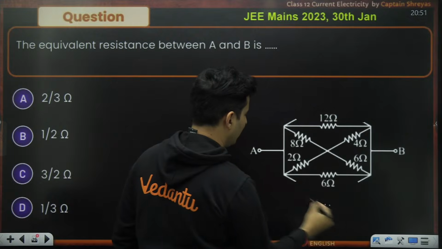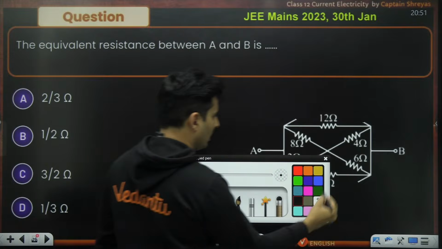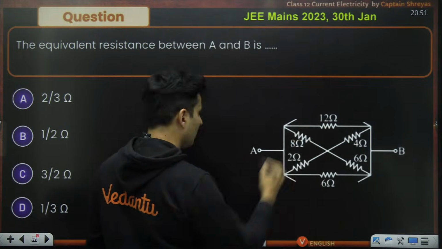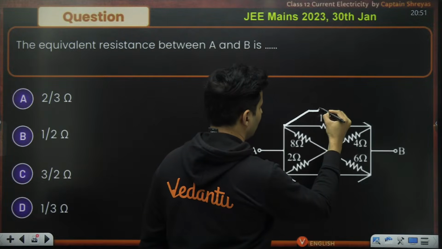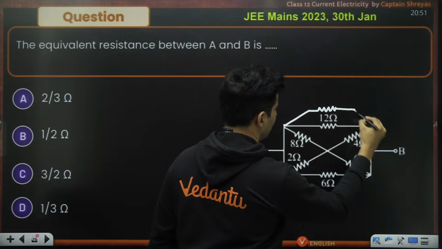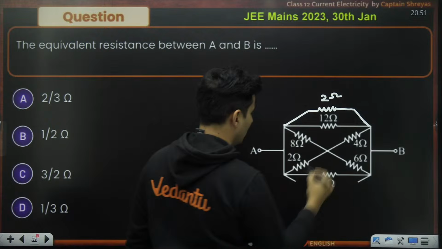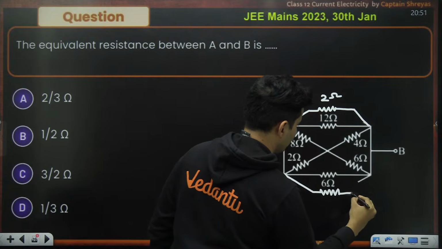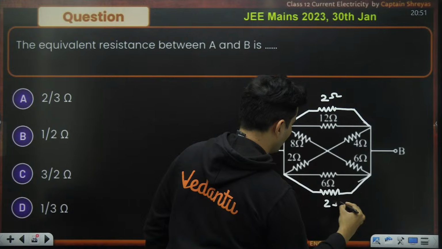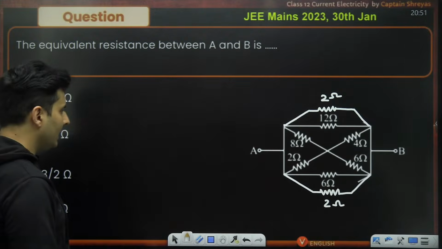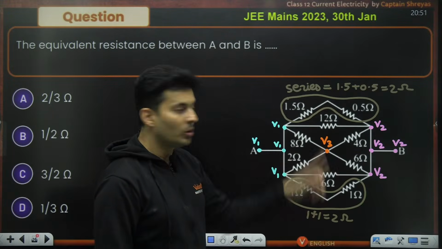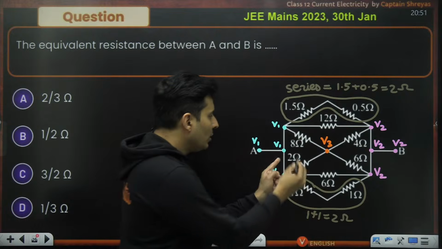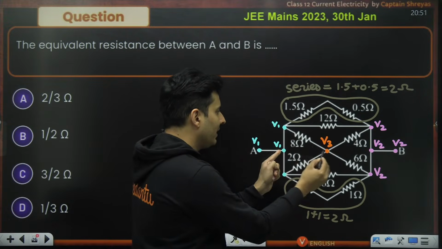So the moment I get rid of these resistors, that is nothing but another resistance like this of 2 ohms, and this also another resistance of 2 ohms. Number one.